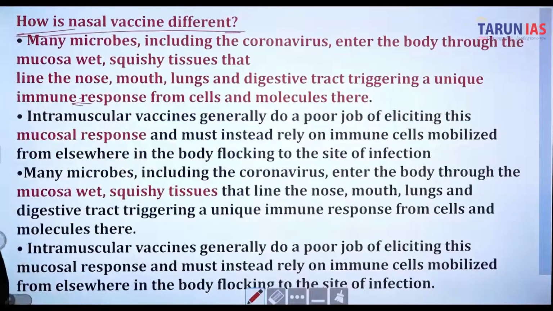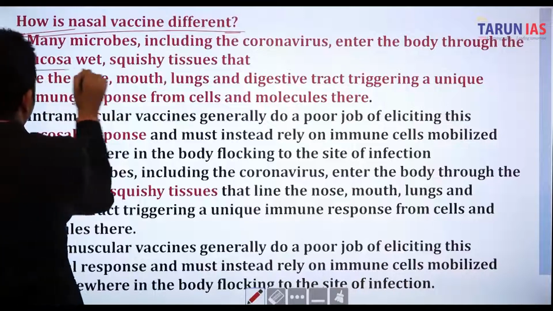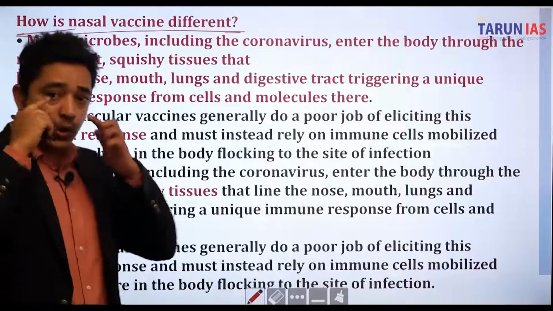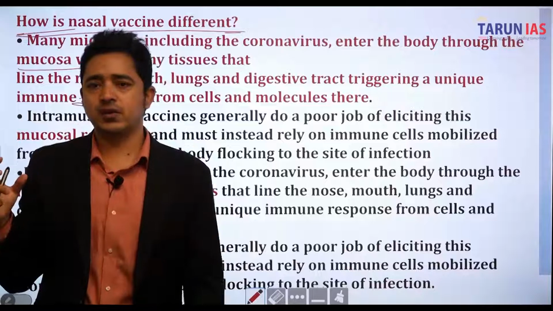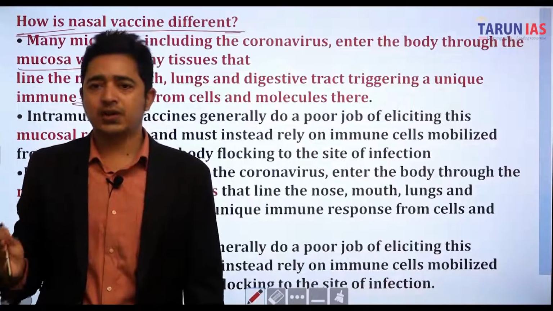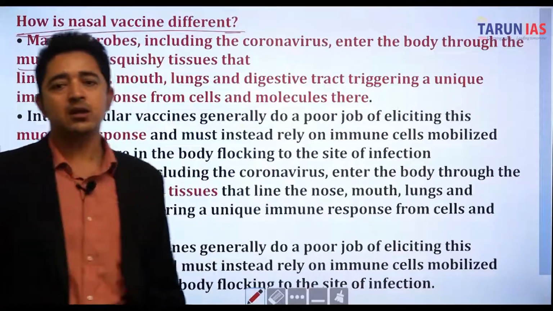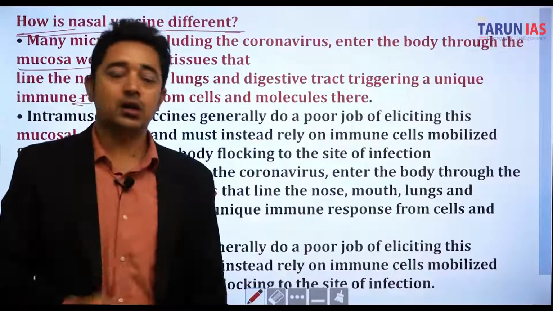Many microbes, including the coronavirus, enter the body through the mucosa, wet squishy tissue. Mucosa is in the upper part of the nose, a very wet part where the virus can easily attach and go into the lungs.